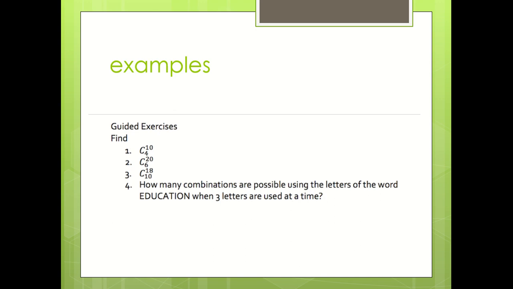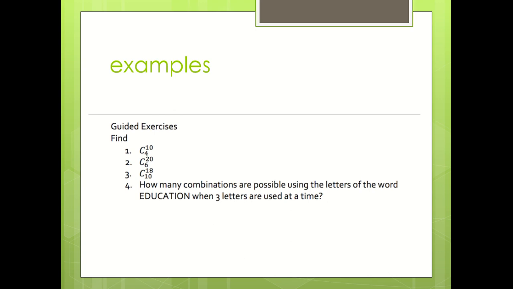All you have to do is press n, the bigger number, then press the key for the combination, then press the other number which is represented by r, and then press the equal sign, and you already have the answer for the combination.